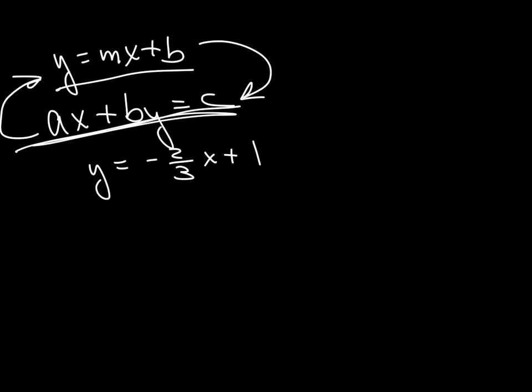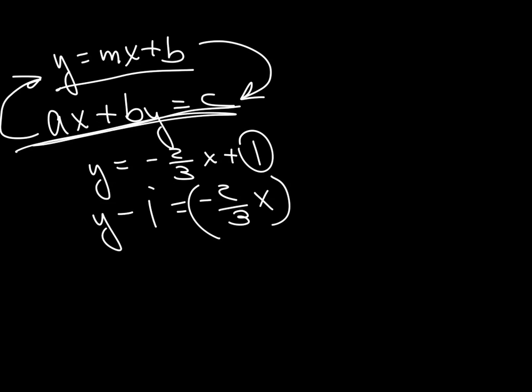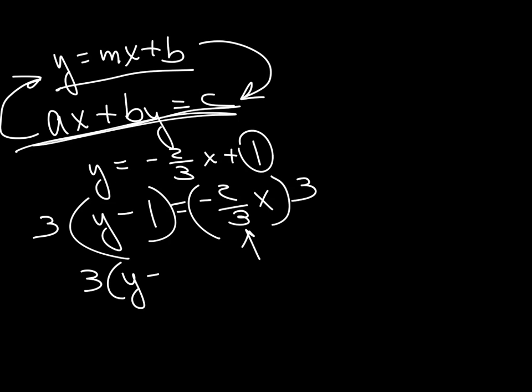So what I do here is I get my 1 and I move it over. Then I multiply both sides by this 3 right there. And I have 3 times (y minus 1) equals negative 2x.